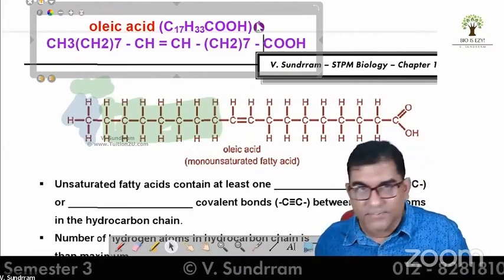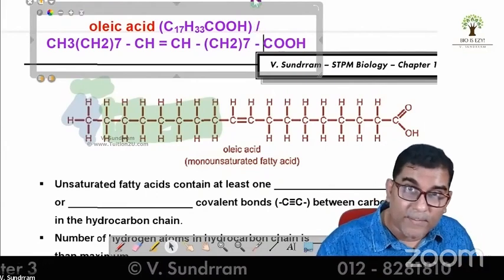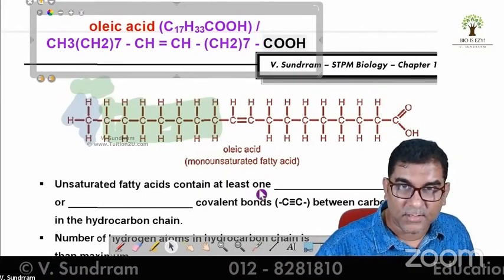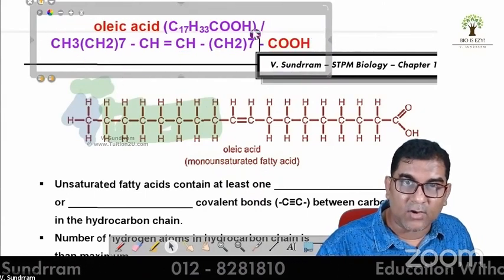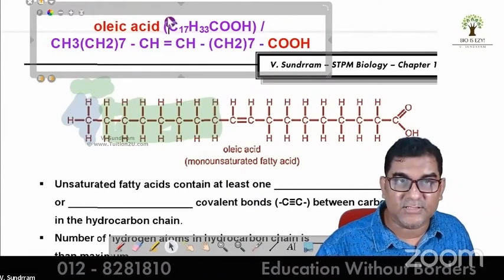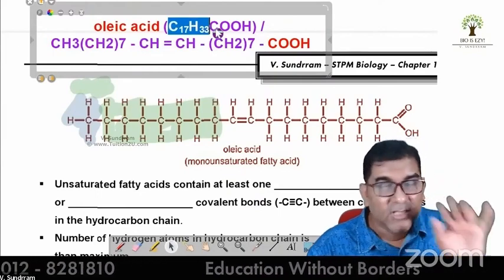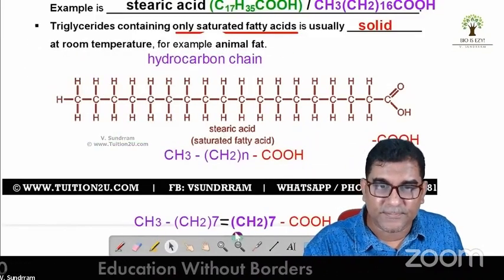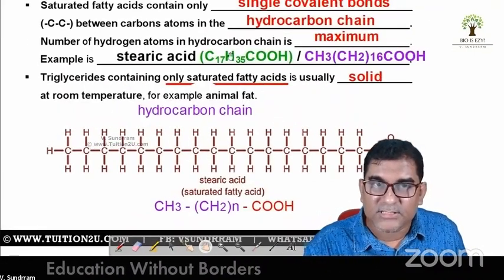Maybe I put a dash here. You combine all of this. This is the acid. You combine all of this from here until here. That is what you get here, C17H33. Easy way to remember, just minus 2 from here. C17H35.